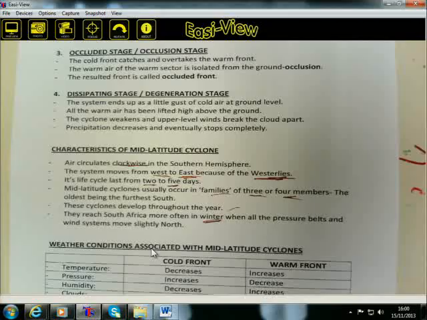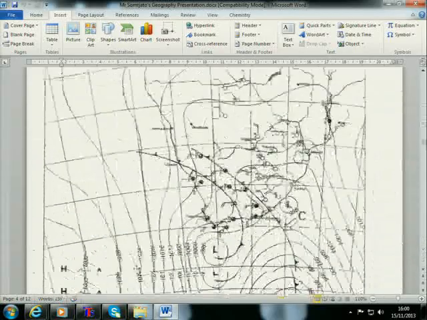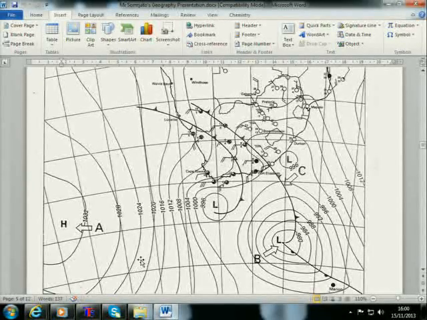Let me show you a diagram for that. Look at this diagram. Do you see the synoptic weather map? This is where the land is. And then look at the features of the mid-latitude cyclone. Look at the cold front.